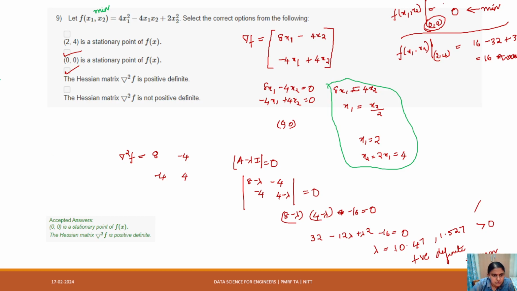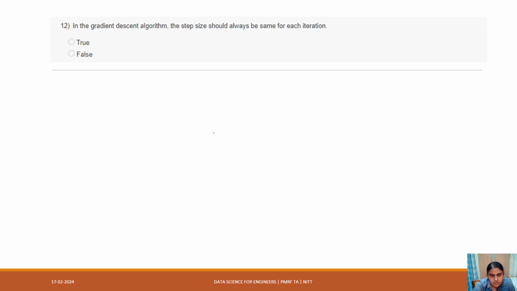Now, in the gradient descent algorithm, the step size should be the same for each iteration. Is it a true or a false statement? You can put the answers in the chat window.